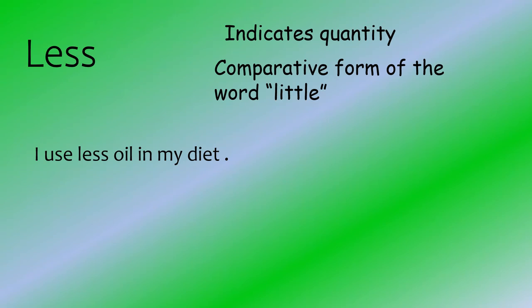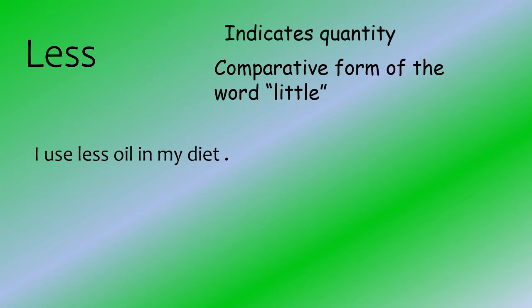See, I use less oil in my diet. Oil is an uncountable noun. We cannot count it on the basis of number. We cannot say 1 oil, 2 oil, 3 oil. We can only say 1 liter of oil or 2 liters of oil.